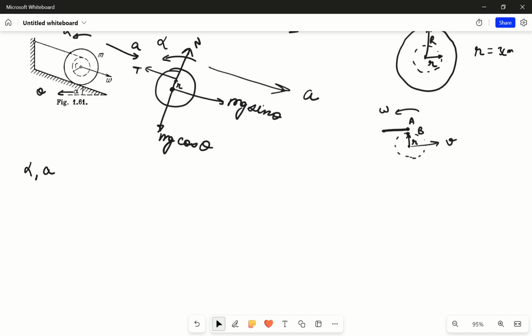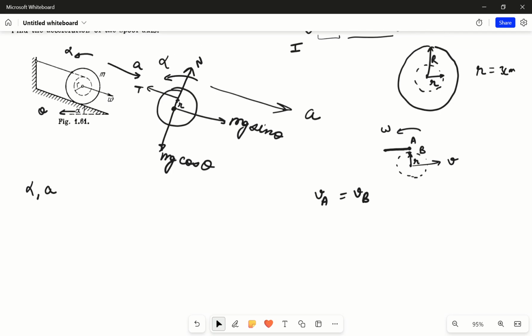So what we can say, the velocity of point A and point B would be the same, right? As you can see, point A would be on the string, and the string is not moving.